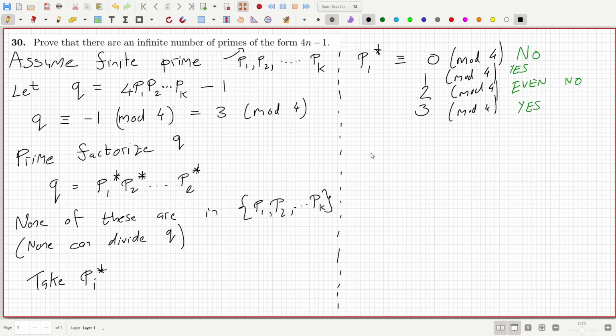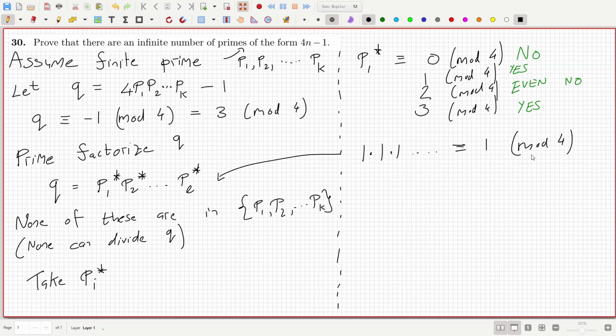So if you were to look at the product here, they can't all be 1, because 1 times 1 times 1, etc., would equal 1 mod 4.